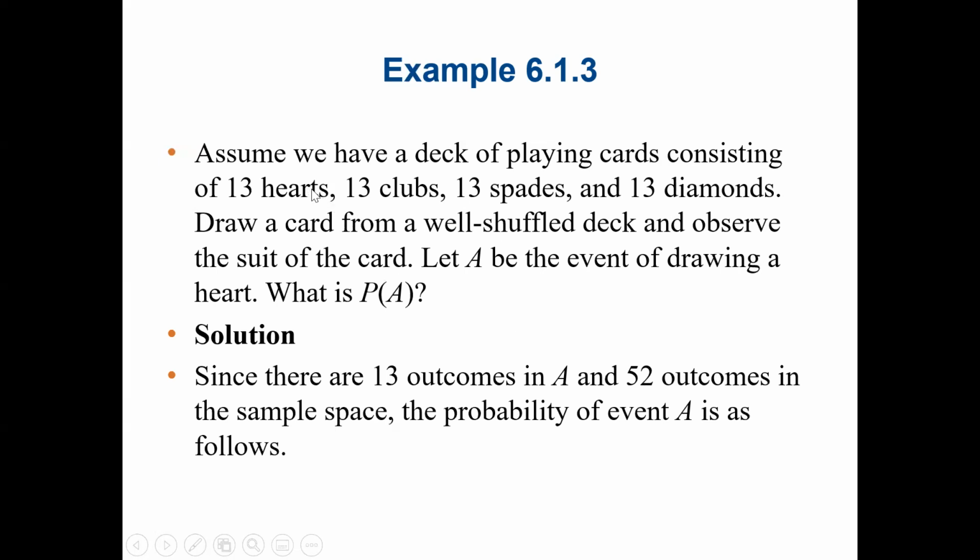Now, what's the probability of drawing a heart? We have 13 hearts, so the probability of A will be 13 over 52, which is 1 over 4 and is 0.25, since we have 13 hearts and the total cards are 52.